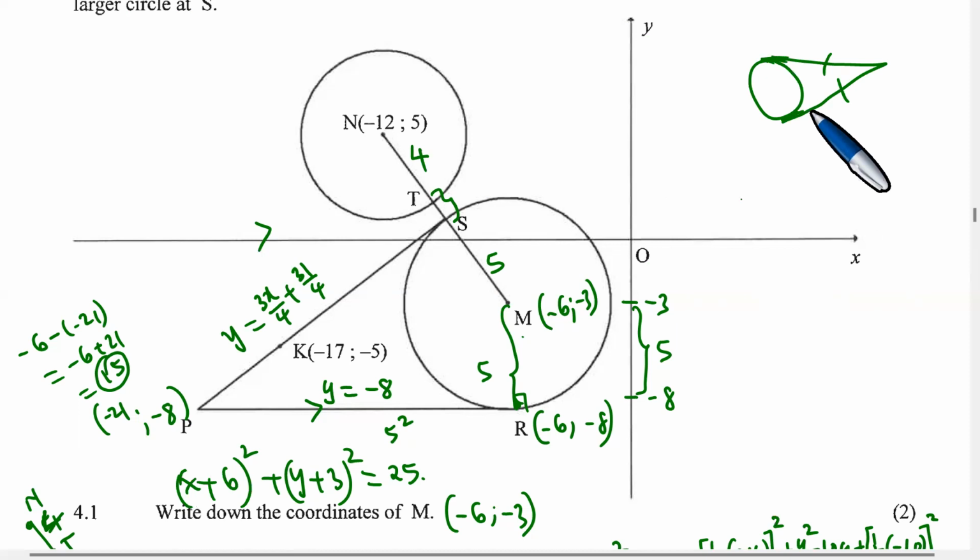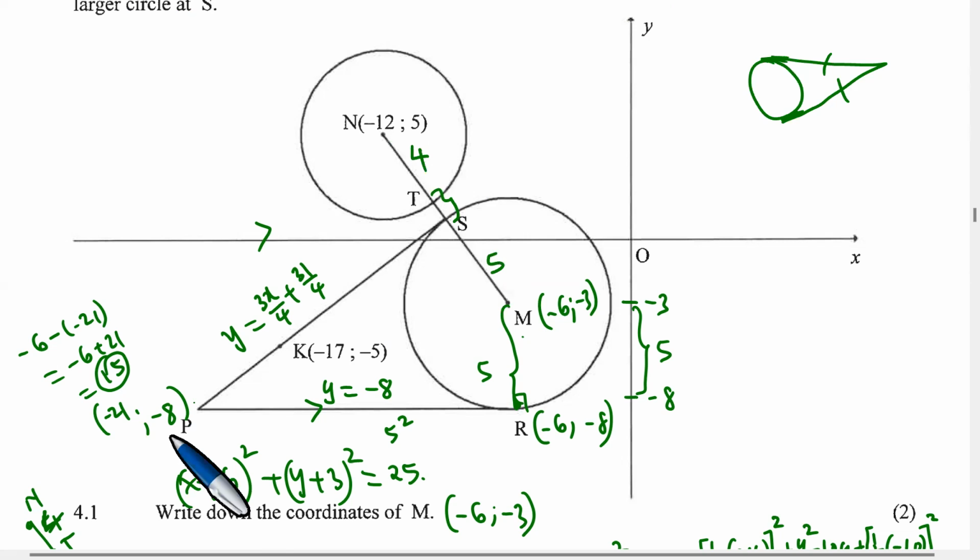We want to find the area of the triangle NPS. The area of a triangle is half base by height.